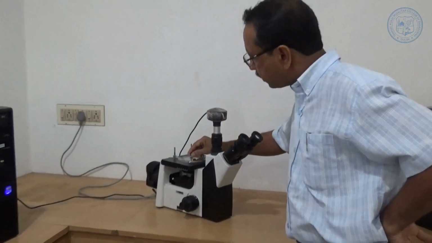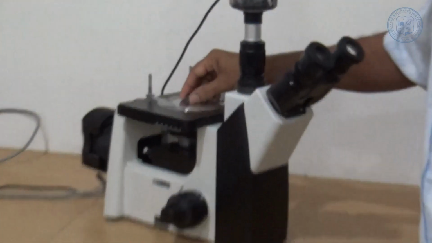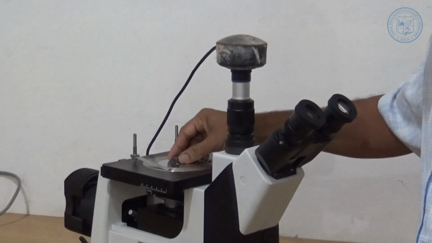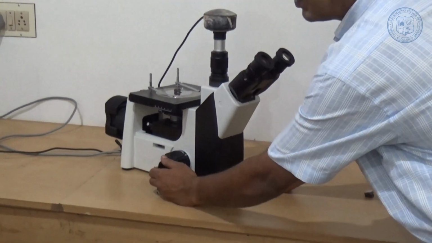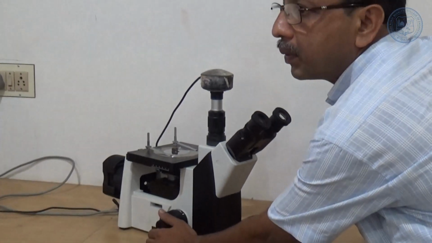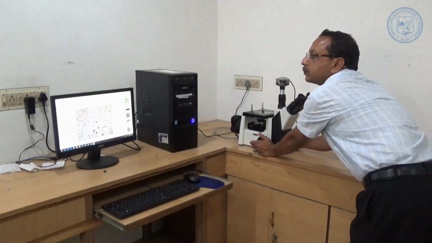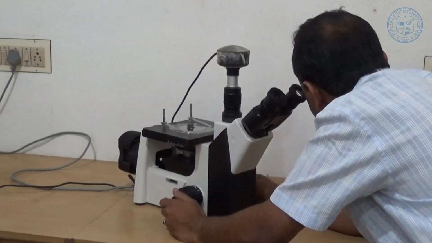Place the specimen on the stage of the metallurgical microscope connected with the computer. Adjust the magnification, focus and positions, and then we will get its microstructure on the screen as well as on the eyepiece. Here we can see the images obtained from the first specimen at various magnifications.